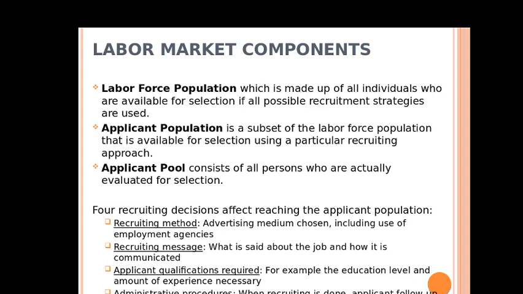Then the applicant population is a subset of the labor force population that is available for selection using a particular recruitment approach. For example, an organization might limit its recruitment for management trainees to MBA graduates from major universities.